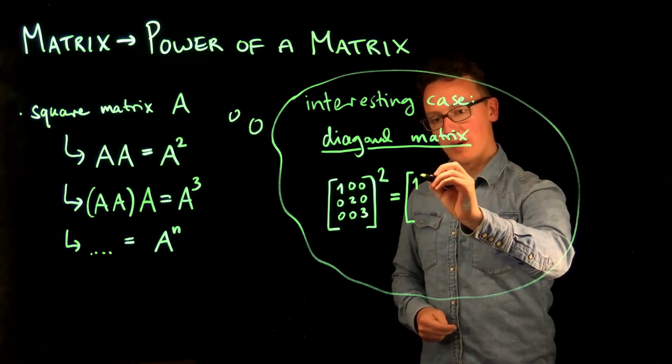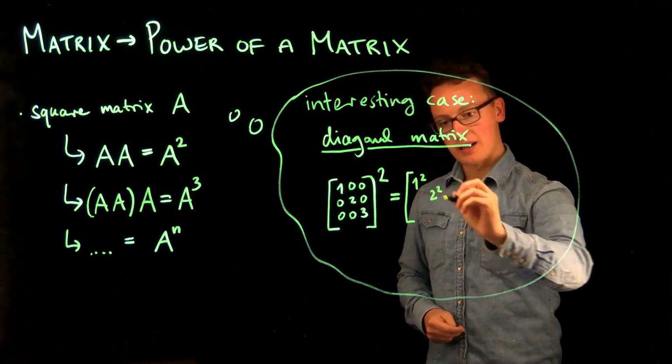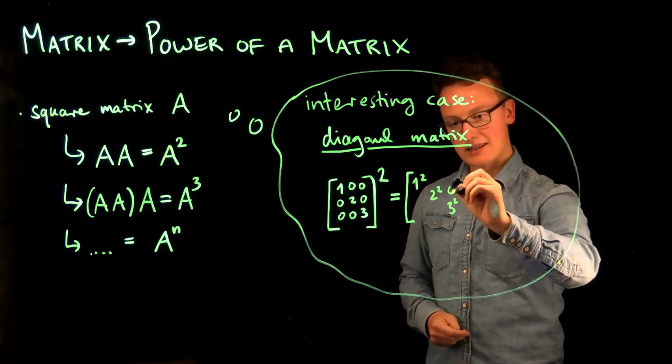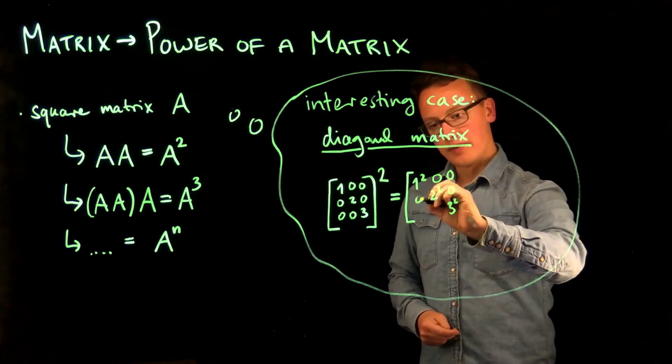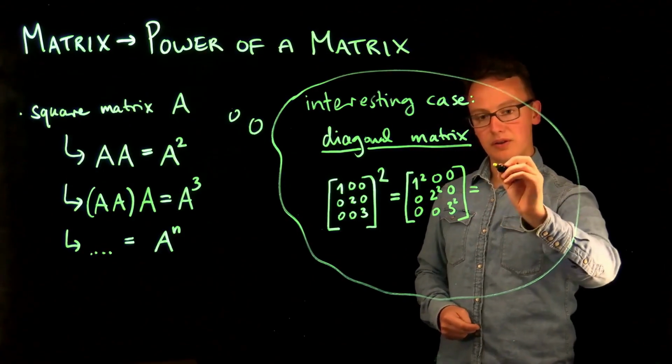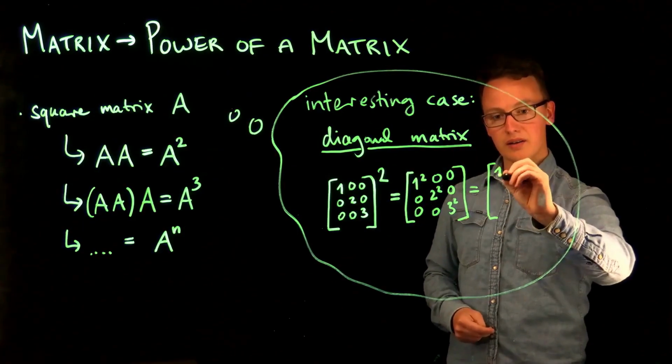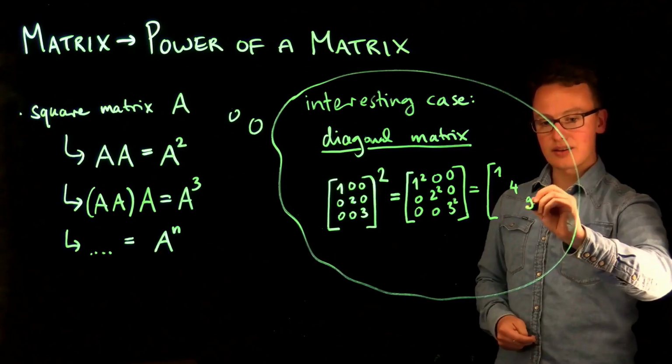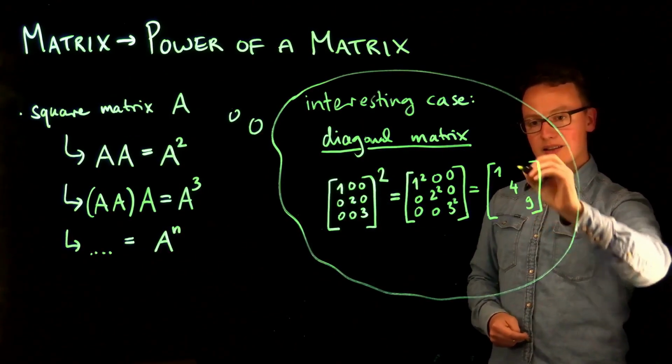I could do 1 squared, 2 squared, and 3 squared, and everything else still stays at 0. And now this will be, of course, I mean, you can all do the math. It will be 1, 4, and 9 on the diagonal, while everything else stays 0, right?